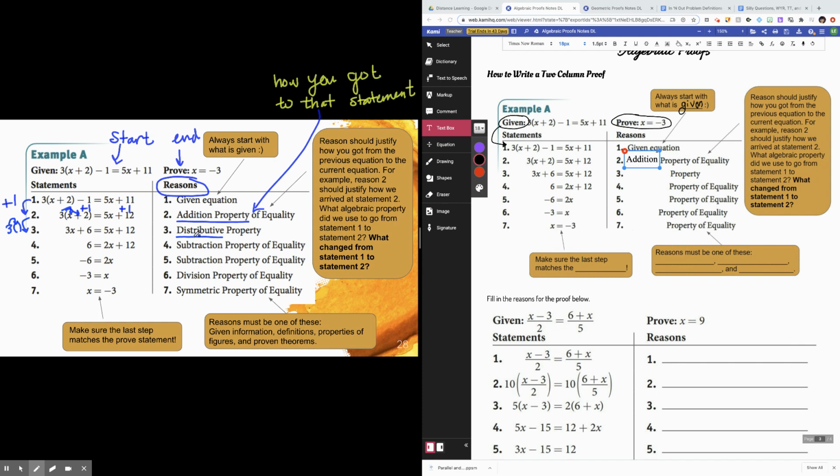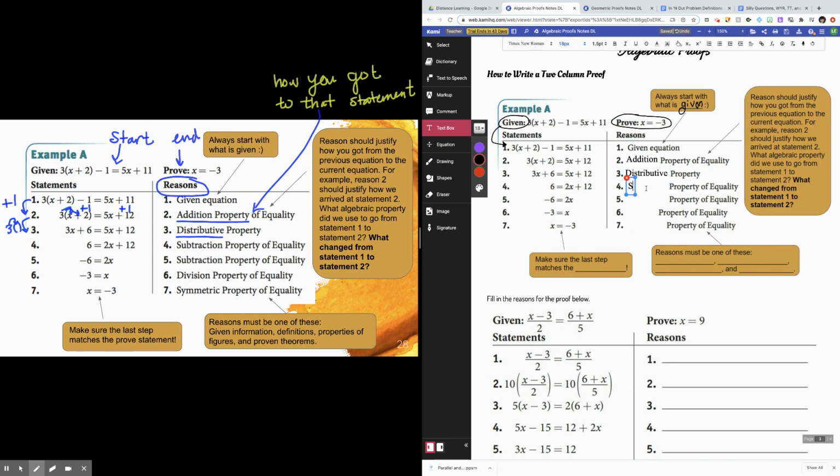So I'm going to fill the rest of these properties in on the right-hand side so that you all can have those, and you can follow what they're doing.